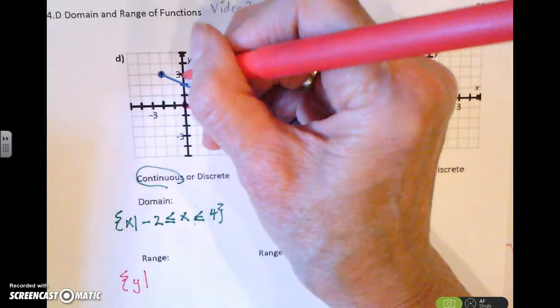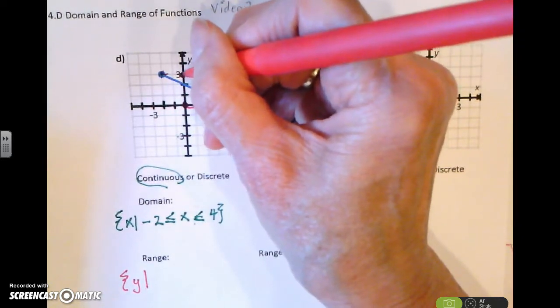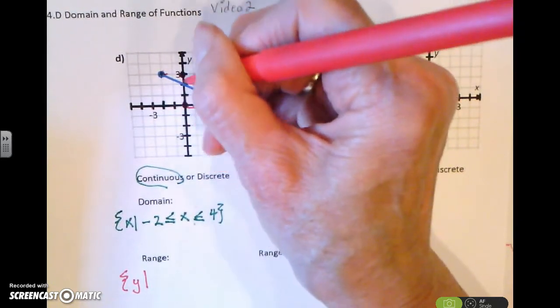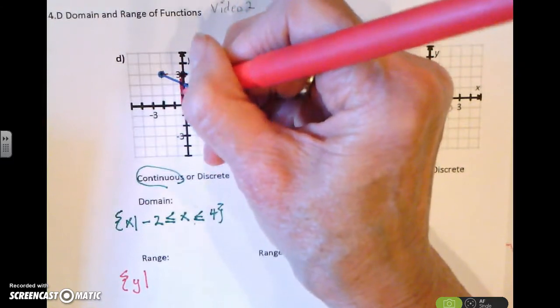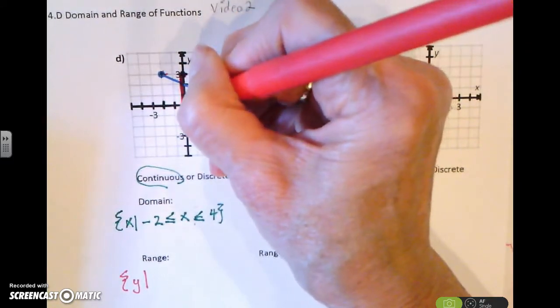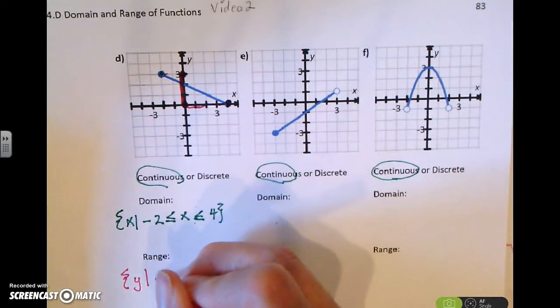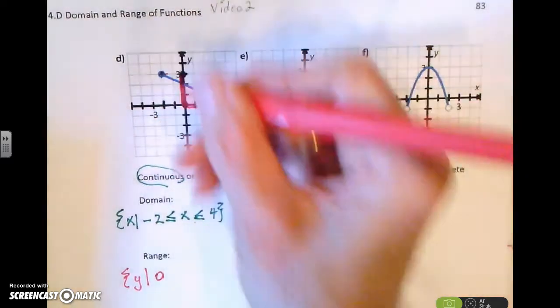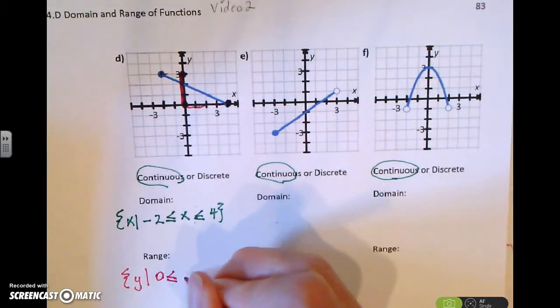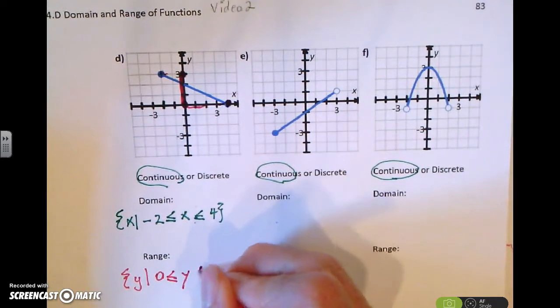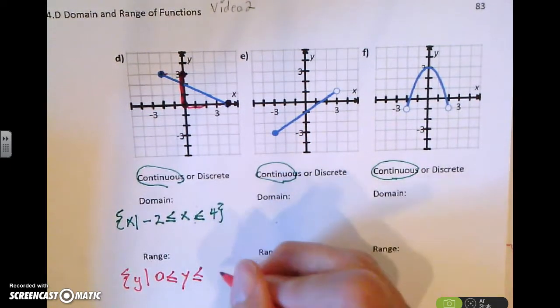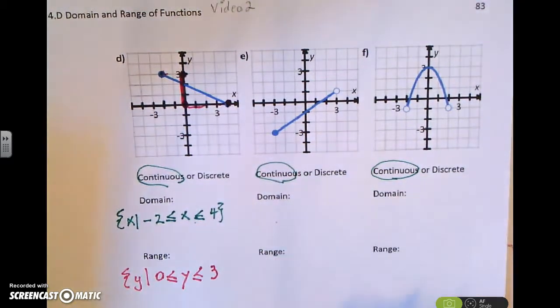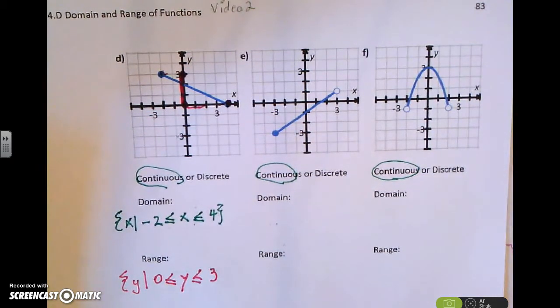This point is the top one that's plotted, and it has a y value of 3. So in between all of these right here are plotted in between 0 and 3. So this is going to be 0, and again the dots are closed in, so less than or equal to y, because it's the range, is less than or equal to the highest y value graphed, which is 3.